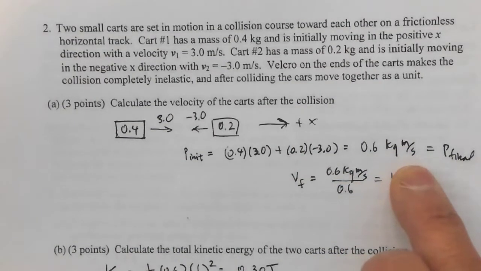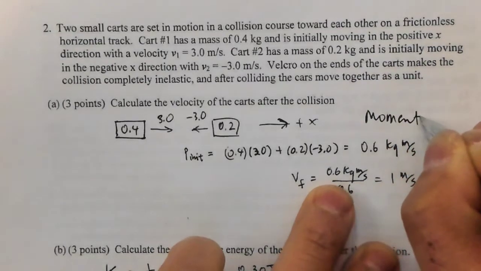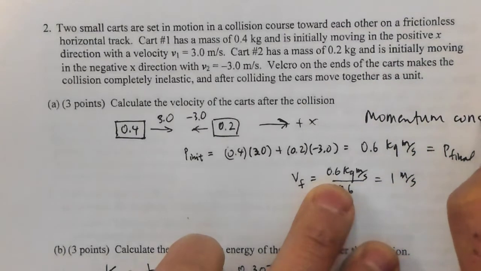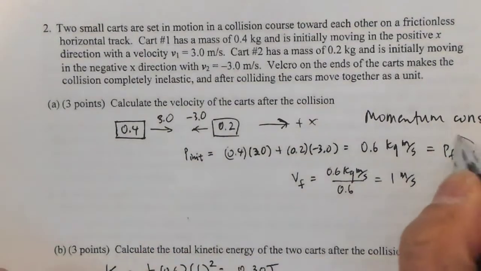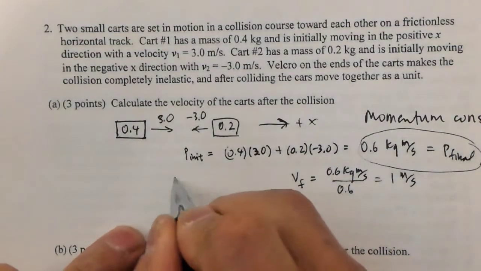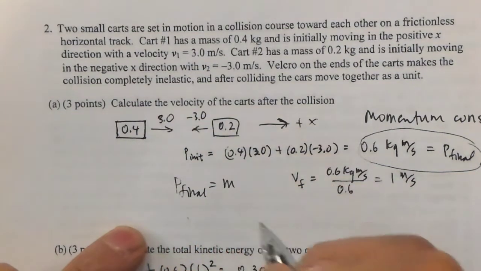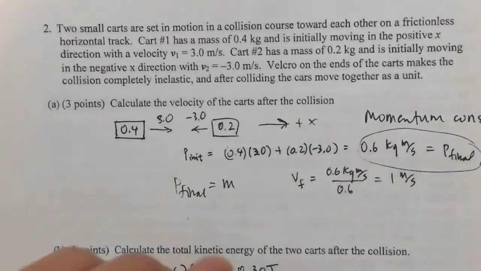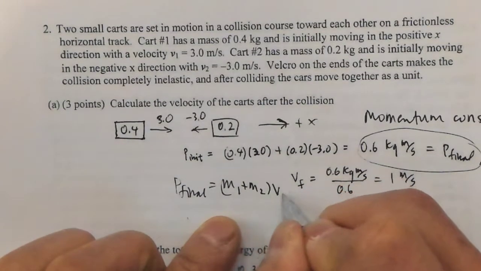By momentum conservation, this must be equal to the final momentum. So P final is equal to this as well, and P final is equal to the mass of both of them, m1 plus m2, times v final.